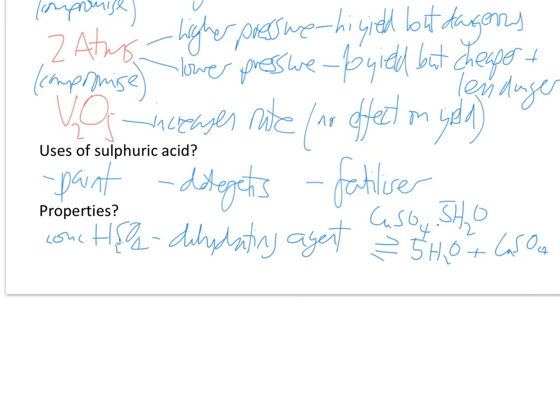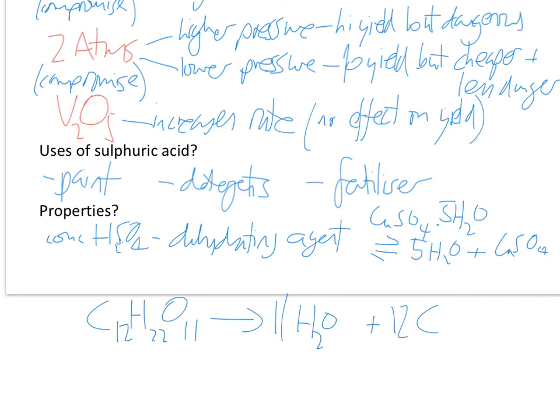You could also add it to sugar, sucrose, and if you do that, you get a spectacular reaction happening, and you remove H2O from the sucrose and you're just left with carbon. So we have 11 waters and you're left with 12 carbons, and it's absolutely fantastic.